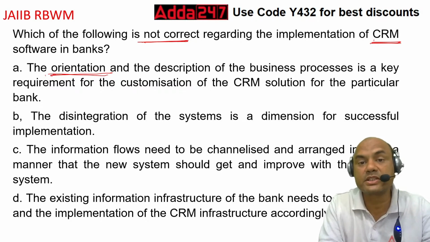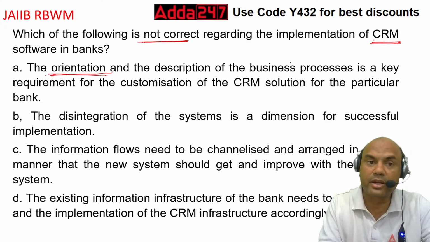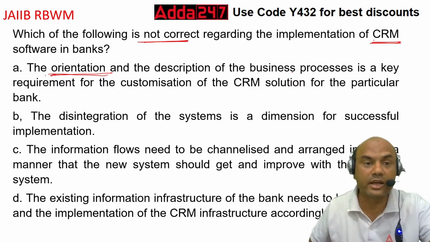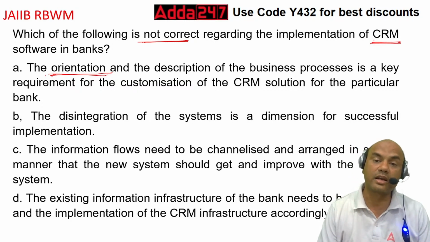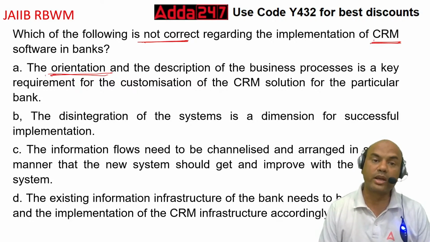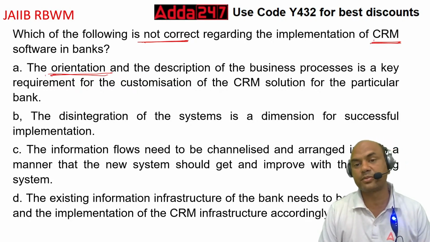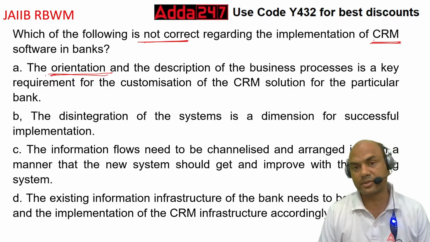What are the projections for my department? If I am in the savings department, I must know what my target for savings is, so accordingly I target the required customers. So orientation and description of key business processes is a key requirement for customization.